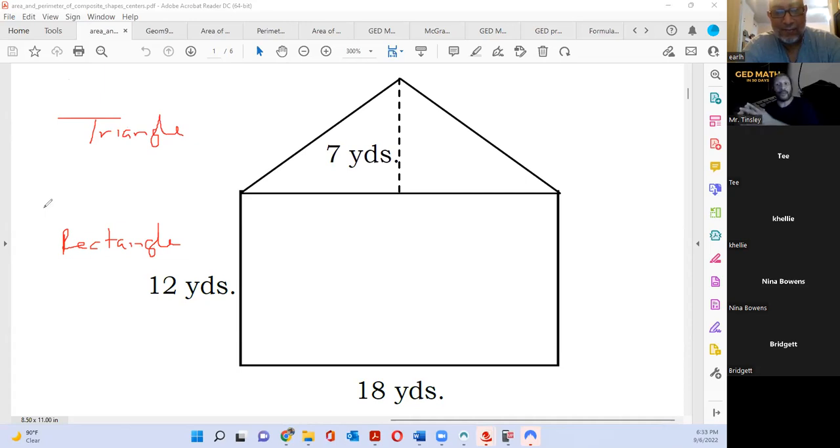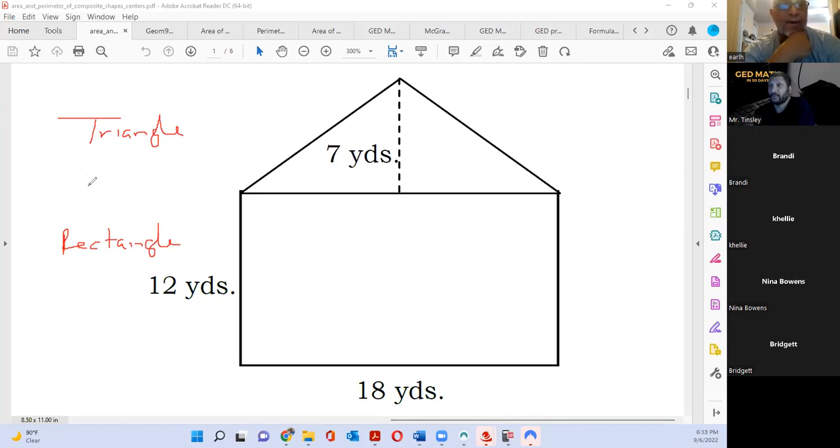So this is a composite shape. We have two. Since we need to find the area of these two shapes, we must find the area of each individual shape. Can anybody tell me the formula to find the area of a triangle?